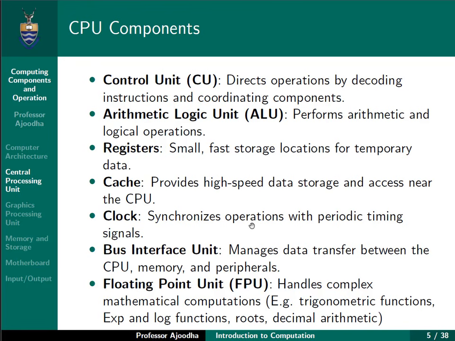I've written them down here: the control unit, the arithmetic logic unit, registers, cache, clock, bus interface unit, and the floating point unit. There are lots of different components of the CPU, but if you know what these are, then you know enough to have a conversation about what the CPU actually does.